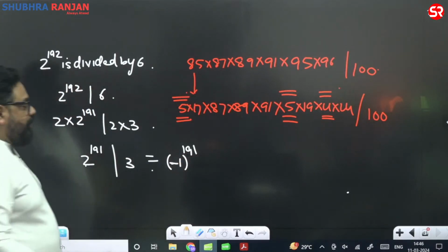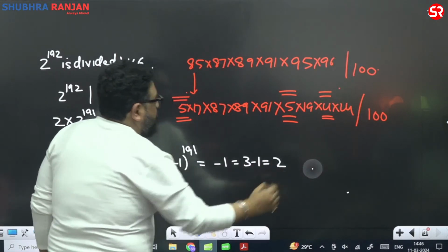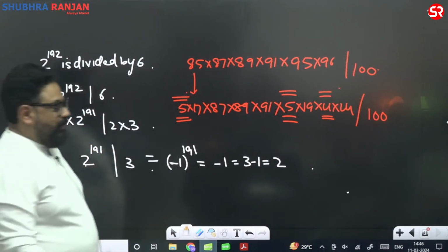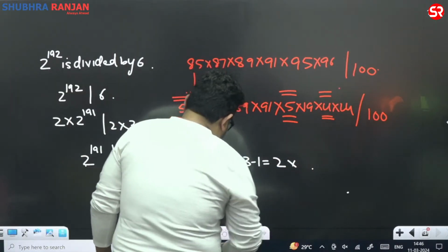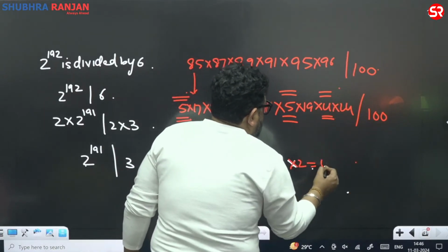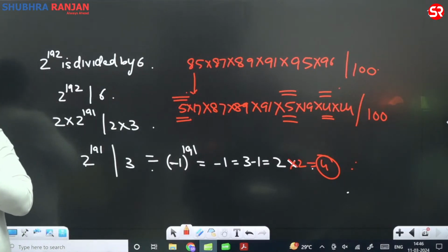Minus 1 to the power odd is minus 1, which is 3 minus 1, equal to 2. And then you cancel 2 up and down, into 2. Answer is 4. Easy.